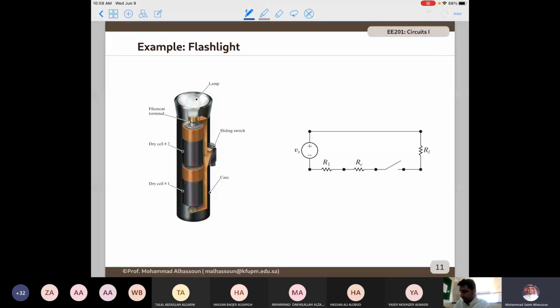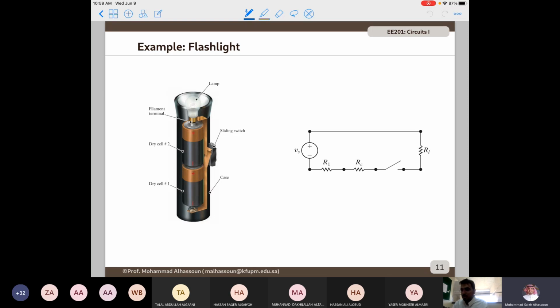So let's take an example here. We have a flashlight, and the flashlight consists of a battery and a lamp, and between them there are some components. There's a switch that will turn on and off. If the switch is on, it acts like a short circuit.